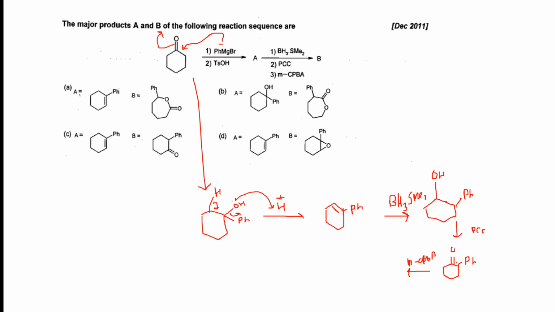So this is the more migrating carbon. So this lactone will form. So the correct option is option A. There are 2 lactones given in this, but only the phenyl will migrate because they asked for the major product.